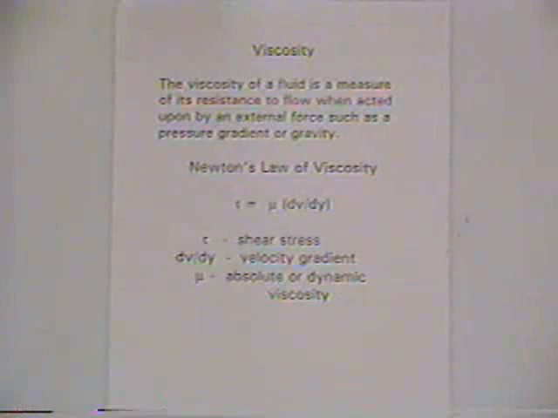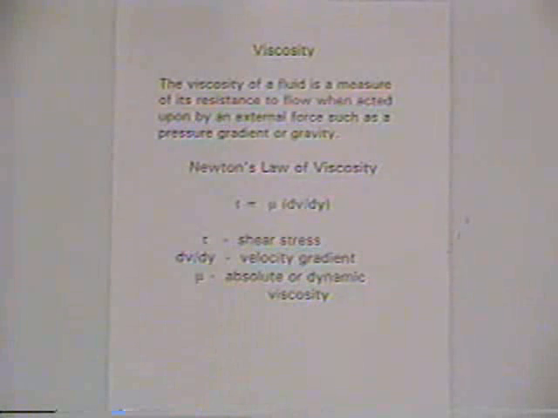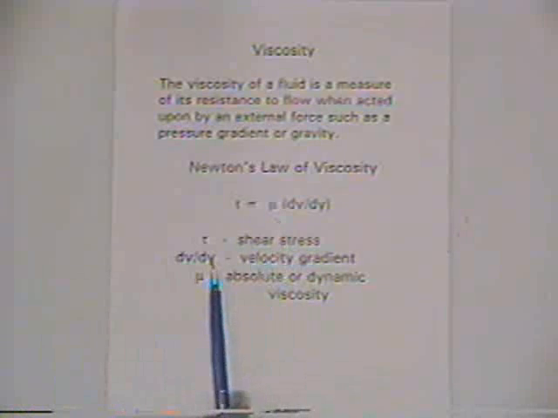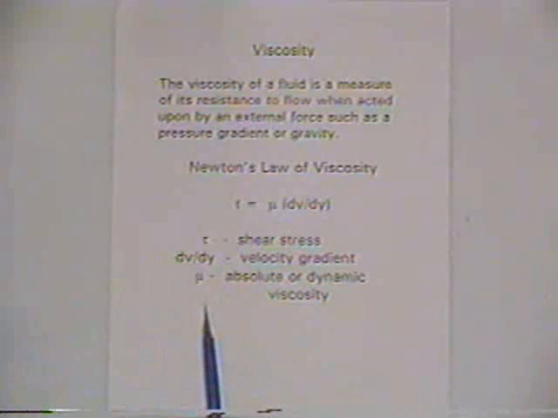Now, Newton's law of viscosity gives us a definition of the absolute or dynamic viscosity, and this holds true for laminar flow. You'll have to remember laminar flow is where you have one layer of fluid flowing smoothly over the other layers, as opposed to turbulence, where there's a random motion of the fluid particles. Often this is pictured in textbooks as a plate which is held steady, and then another plate with some fluid between the two plates, and the second plate is moving over the first plate.